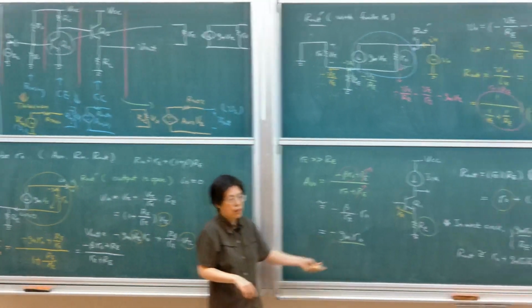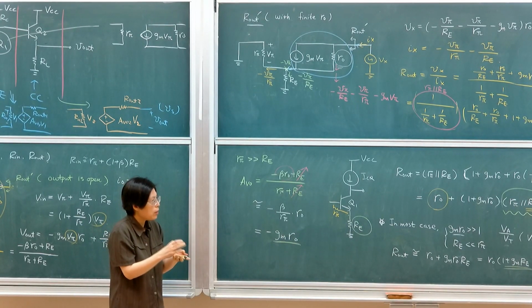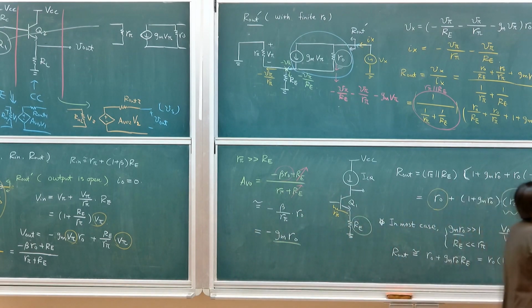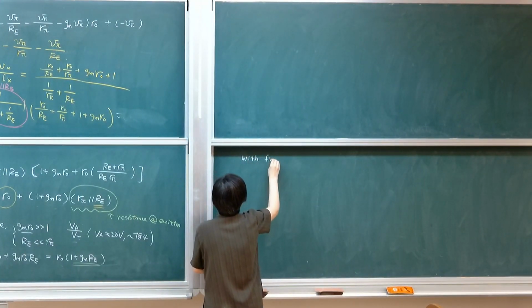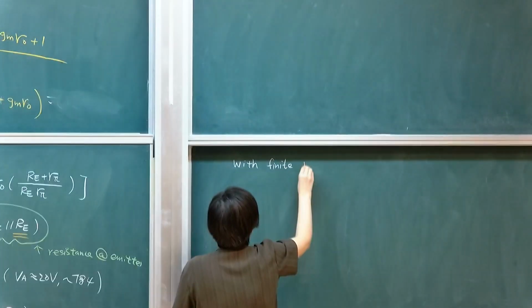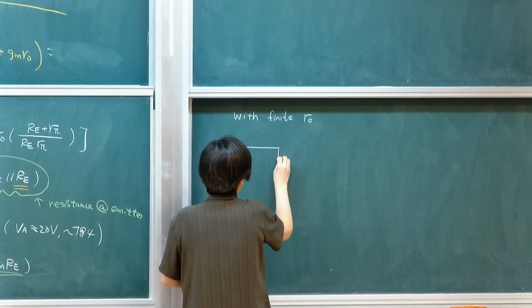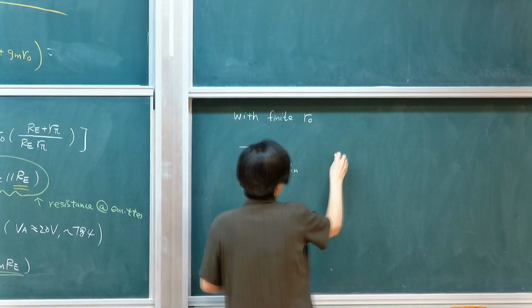The reason for this, I want to try to explain a little bit. Once we establish the model, let me use the two-pole model. So we already have, with finite RO, our two-pole model will be refined as Rin. Is this still the same?